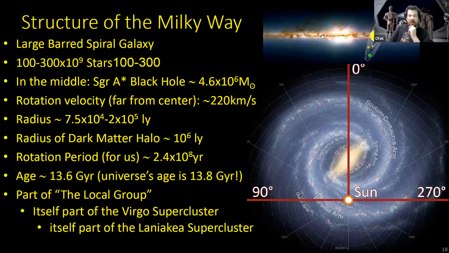We can see on top here that our solar system is again off center. It's in one of the spiral arms, the Orion spur, to be exact. It's on the side, and the direction of the ecliptic plane, that is the rotation of the Earth and other planets around the sun, is not along the galactic plane. There's an angle between.